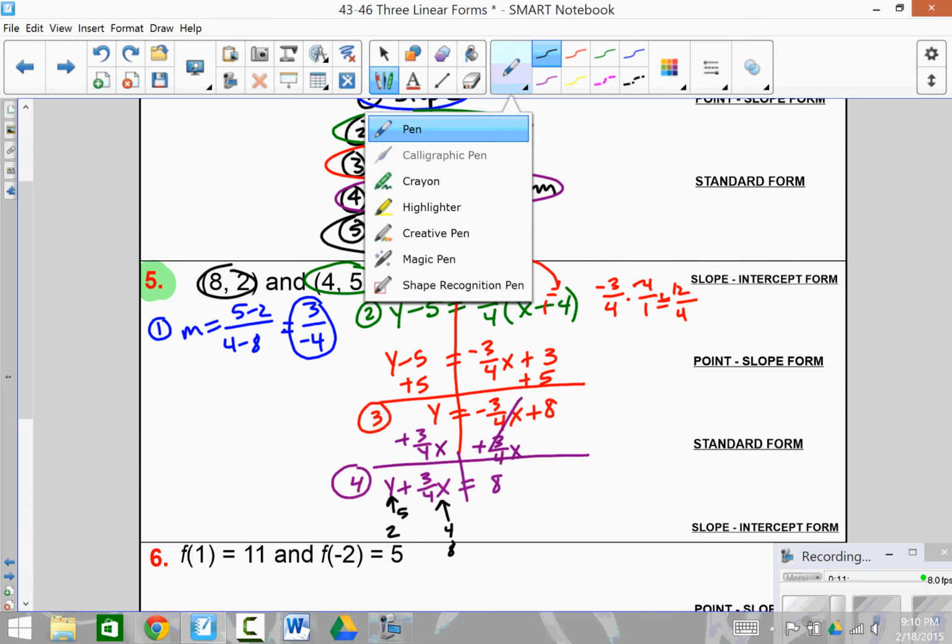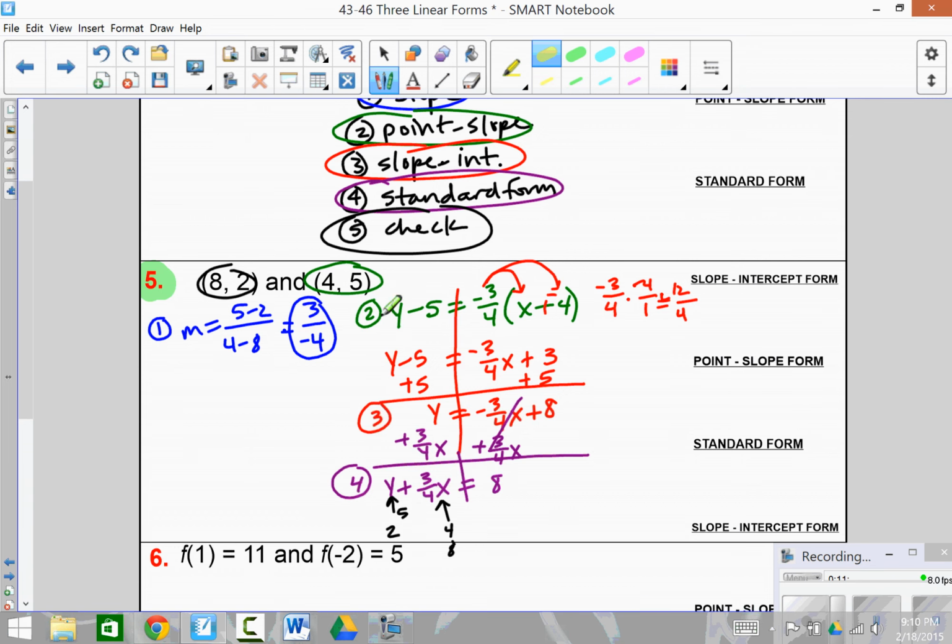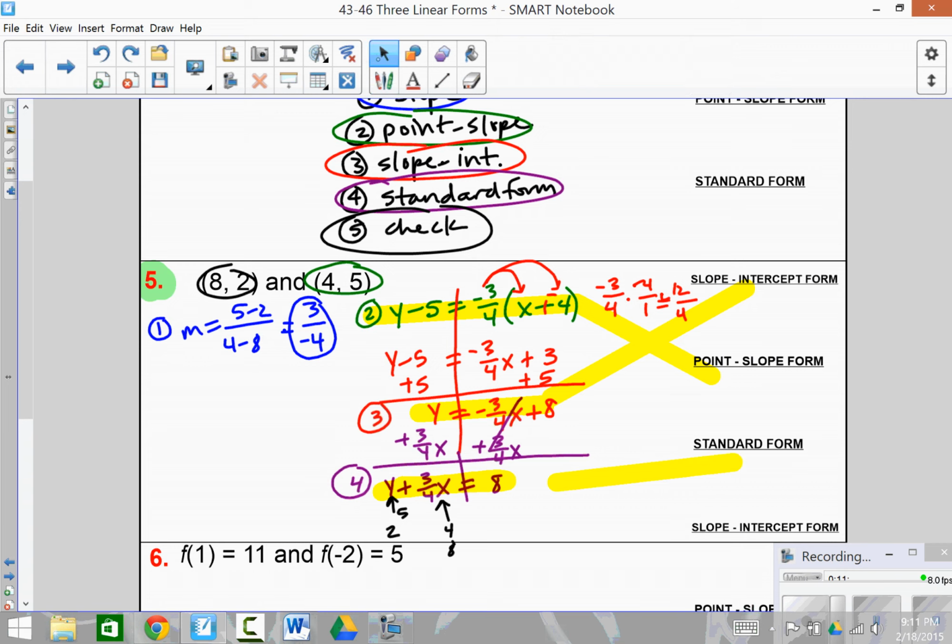Okay, so in the end, again, all three forms appear here. Point slope goes into this area, and again, you can just draw an arrow. Slope intercept goes into that box, and then standard form goes into the box right there. Okay, so all three forms represent the same thing, just written in a different form.